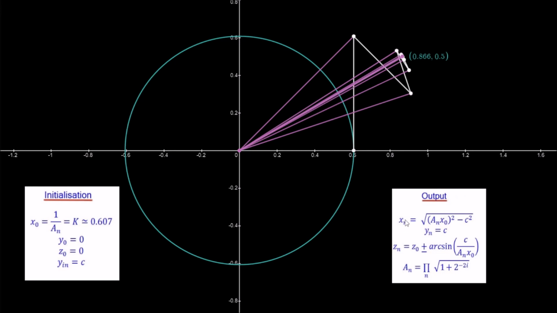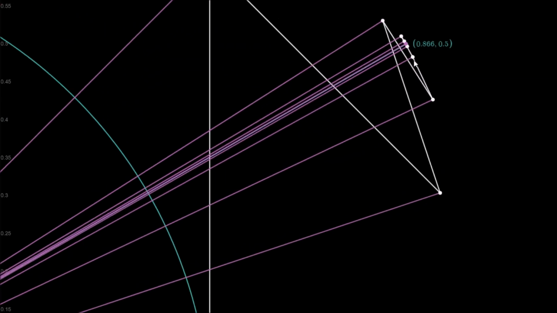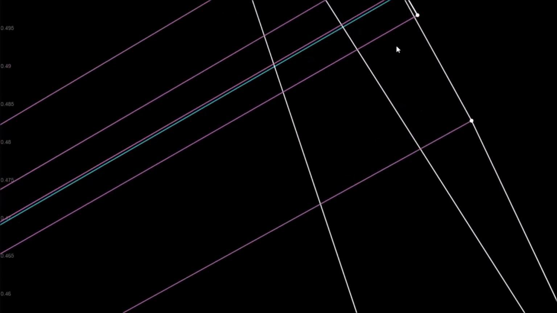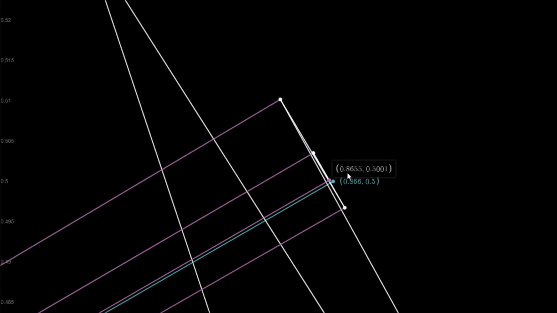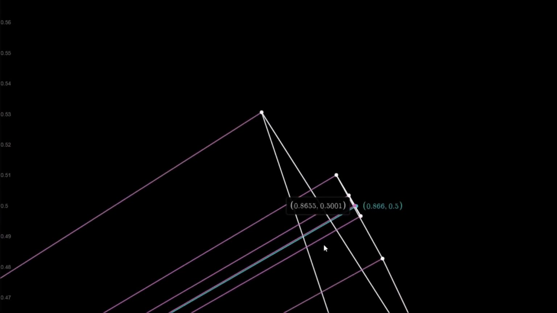So you can see the values xn and yn. These are the final output positions here of our last vector. So that's the little vector here in pink, which is the approximation to this point. So these are the values xn and the values of our yn.